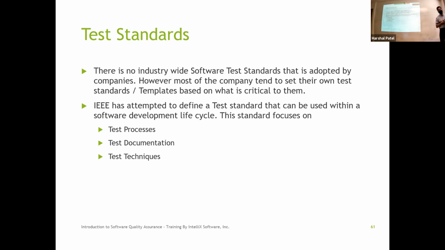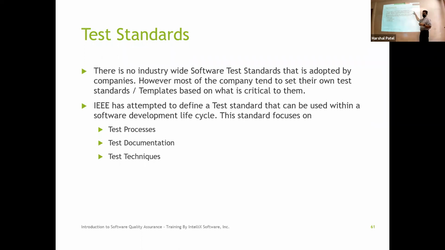So for example, if I'm testing software which is designed to send a rocket to space, the standards and practices that I will use to test that software are going to be different than the standards that I use to test something which allows me to order a book online. Okay? They're two pieces of software, and both have quality assurance associated with them, but the way you approach it is going to be completely different.